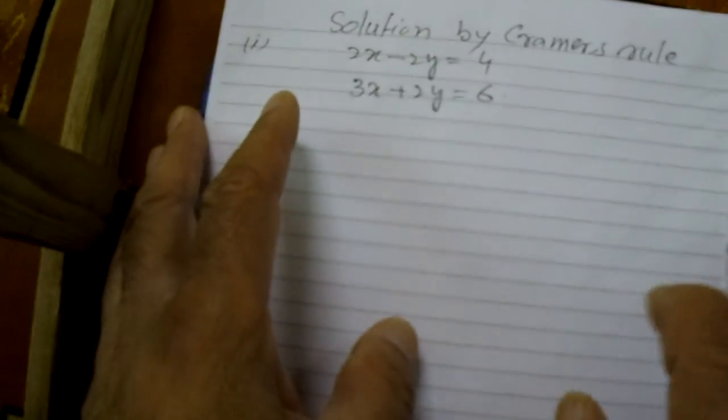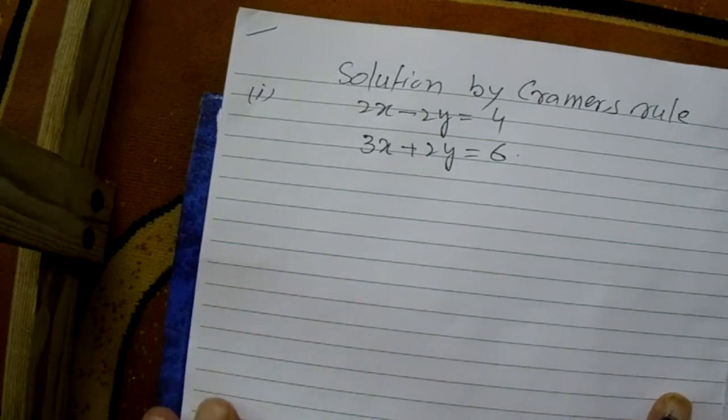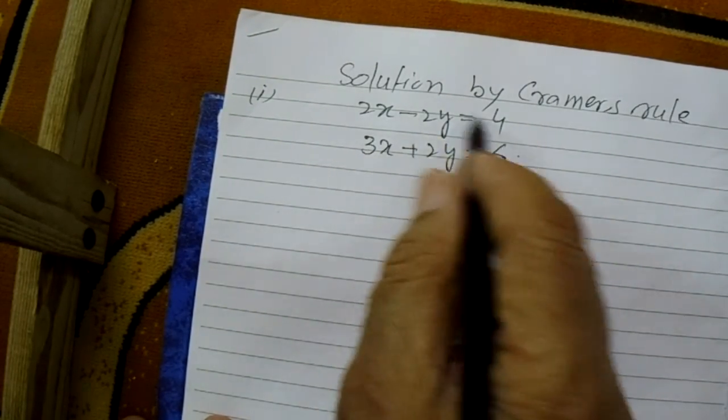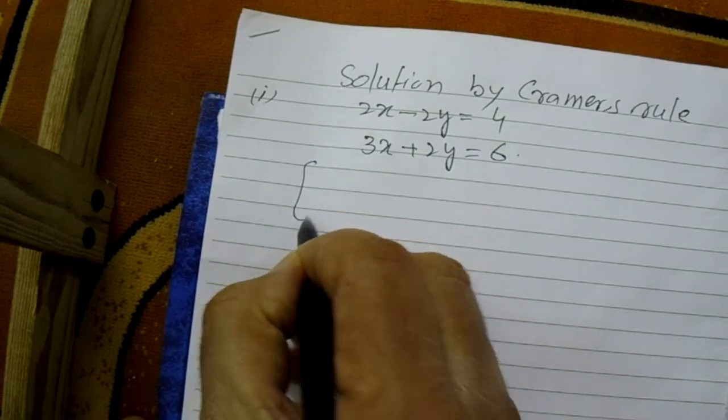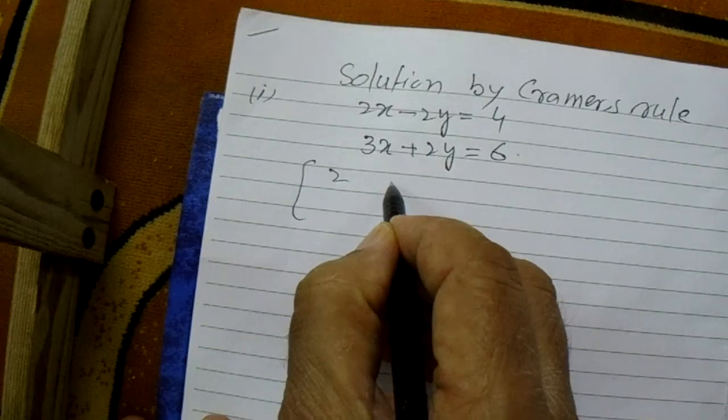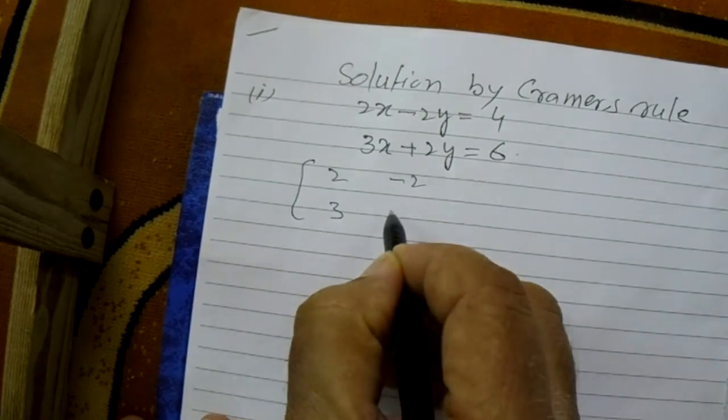Now we solve these equations with two variables by using Cramer's rule. Again the same step: we write these equations in matrix form. We write the coefficients of the variables here, 2, -2, 3, 2.